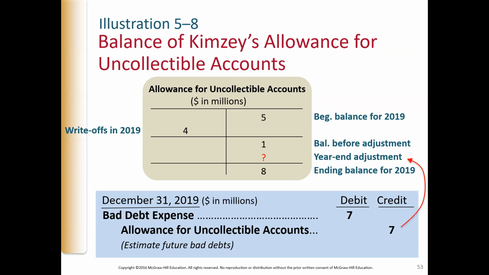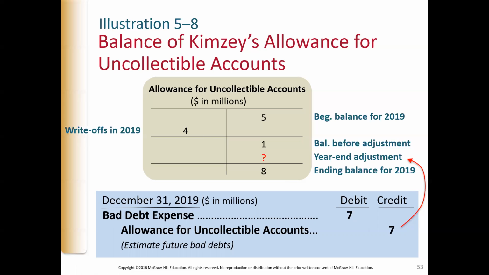Remember, when we estimate the bad debts to be $8 million, that's what we want the balance to be in the allowance for uncollectible accounts. So to make that balance happen, we have to plug in the year-end adjustment. And that year-end adjustment will be based on what's happened in the previous year.